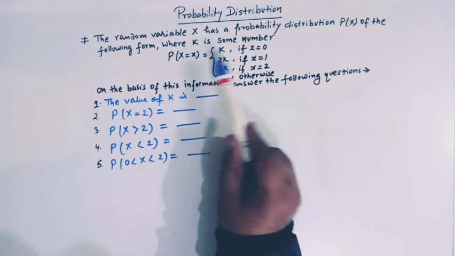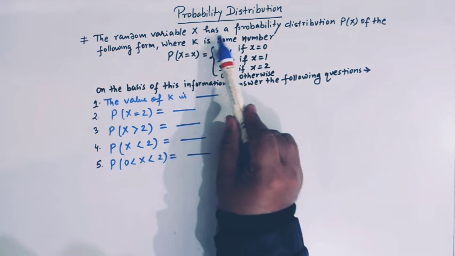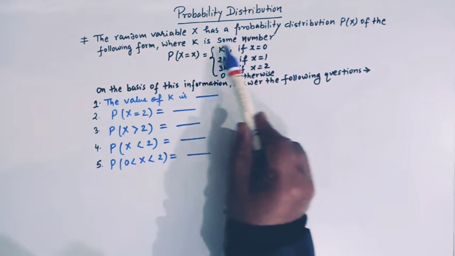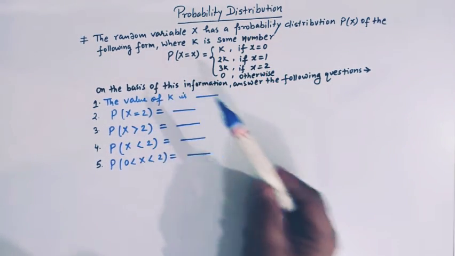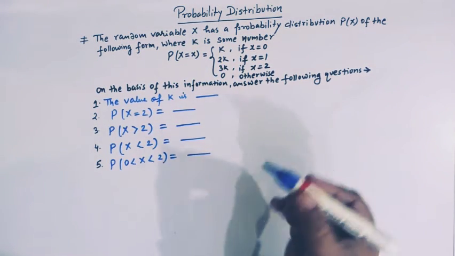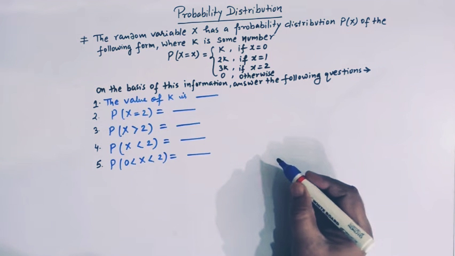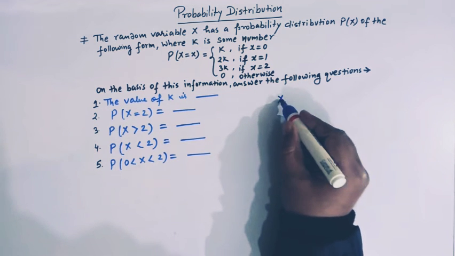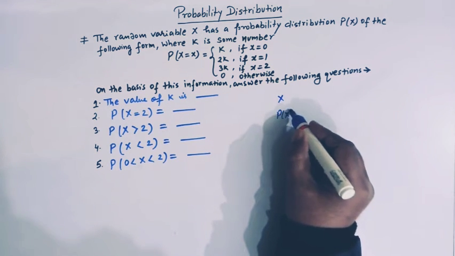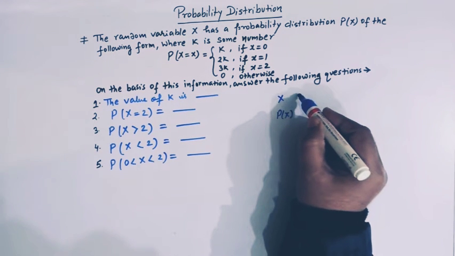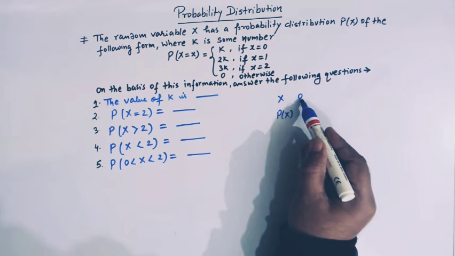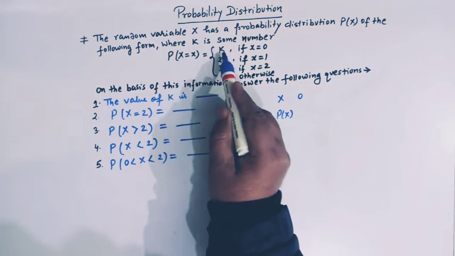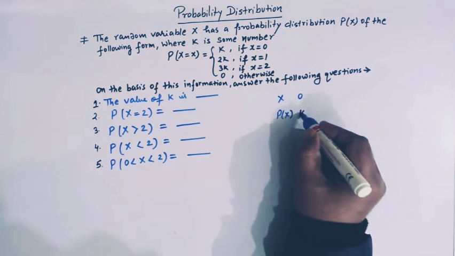So here the random variable x has the probability distribution of this type. So let us write this information in the form of the probability distribution table, right? The table looks like this: x, and here we have p of x. When x takes the value 0, the value of p of x is k, so here we'll write k.